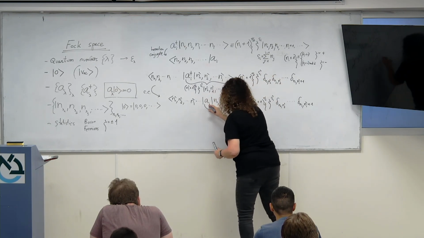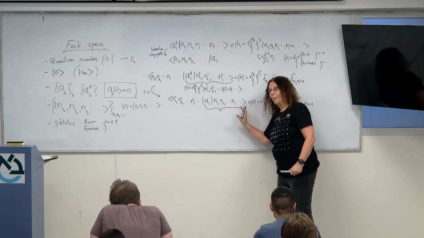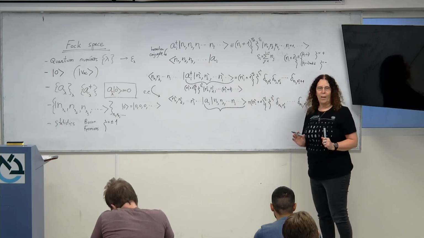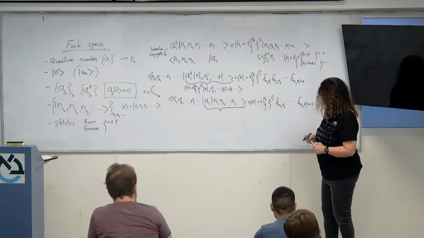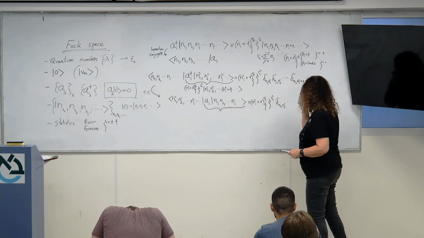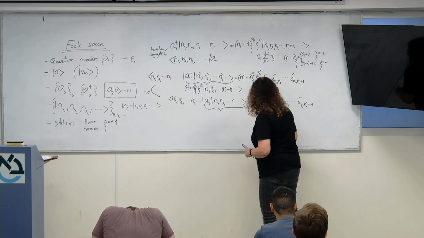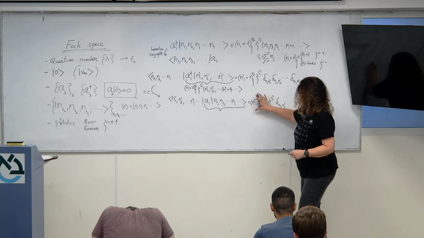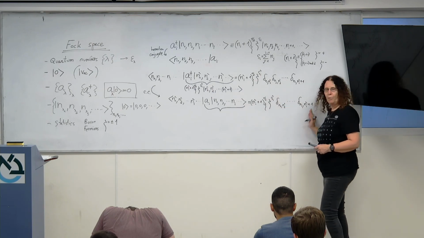I want to rewrite this cat state in the form of just a Fock state. And in fact, I know how to write it. Why? Because first of all, there is here a number that is just there and I have to keep track of it. But apart from this prefactor, what I have is a product of delta functions.